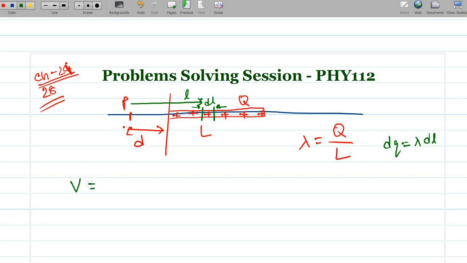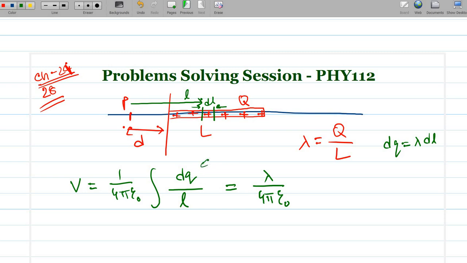So V equals 1 over 4 pi epsilon naught, integral of dq divided by r. In this case it's the distance l. So what is it going to be? Well, we have lambda divided by 4 pi epsilon naught. Lambda comes from dq, and we have l to the power -1 dl.